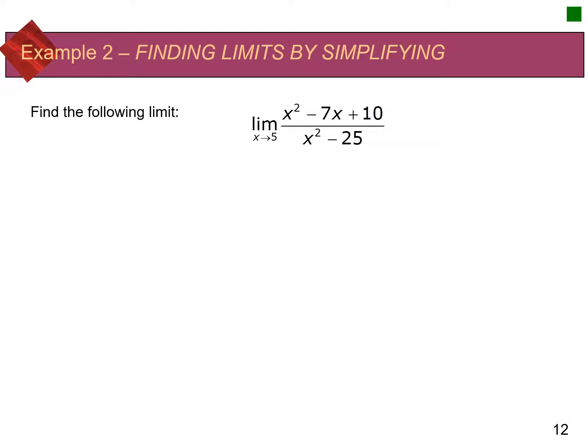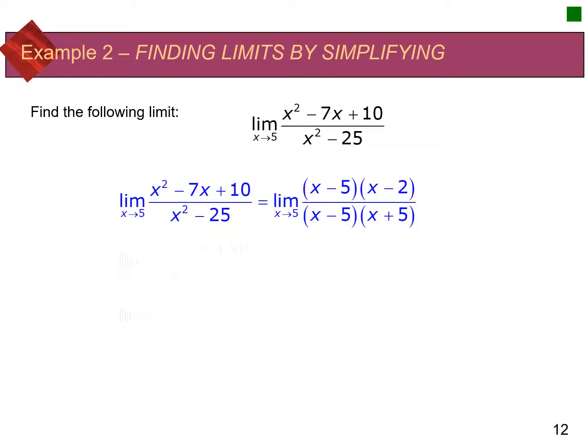So if I take the limit as x approaches 5, and I already know it equals 0 over 0, one of the best ways of simplifying is to factor. And what I'm going to do is factor both the numerator and the denominator. If I factor the numerator, I get x minus 5 and x minus 2. If I multiply those through, I would get the x squared minus 7x plus 10.